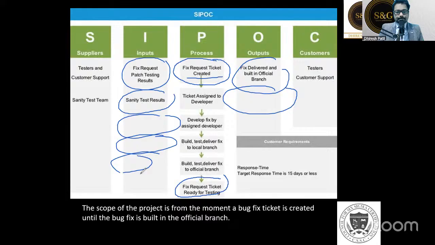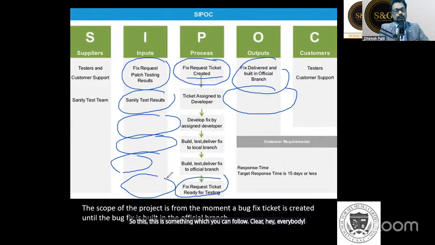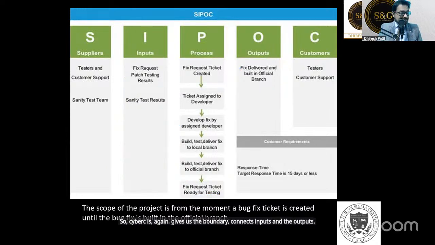Are you clear? Just give me yes in the chat box. So this is something which you can follow. Clear, everybody? So SIPOC gives us the boundary, and connects the inputs, the outputs and the processes, right?